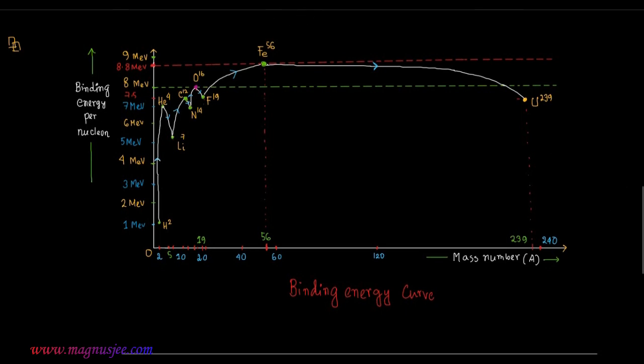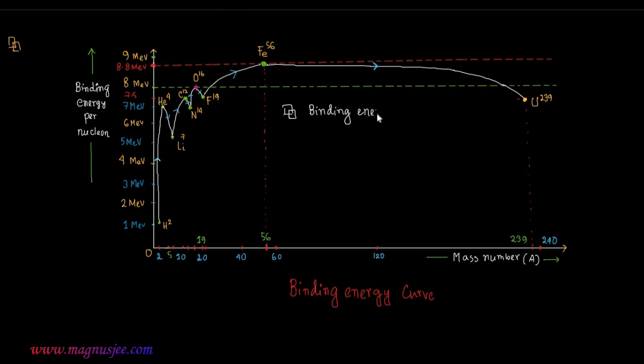And we can say another conclusion, that binding energy per nucleon for He4 is greater than the binding energy per nucleon for lithium 7.